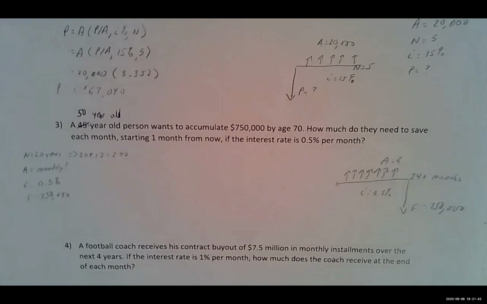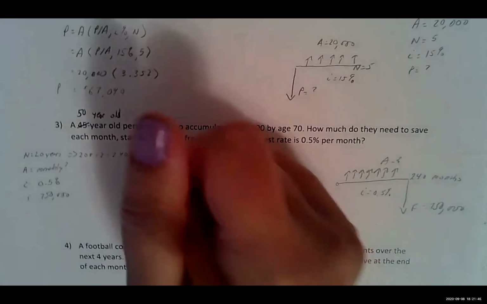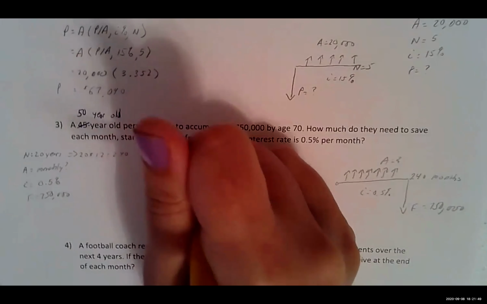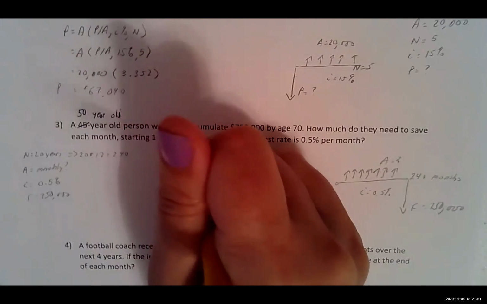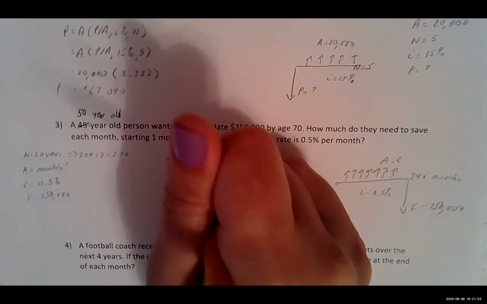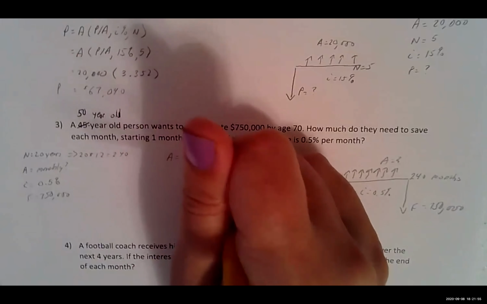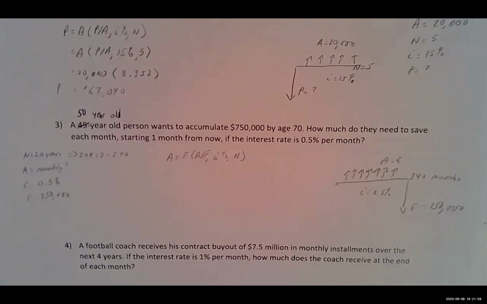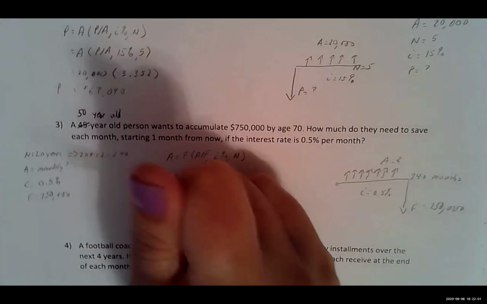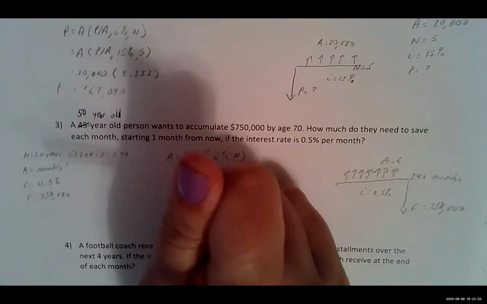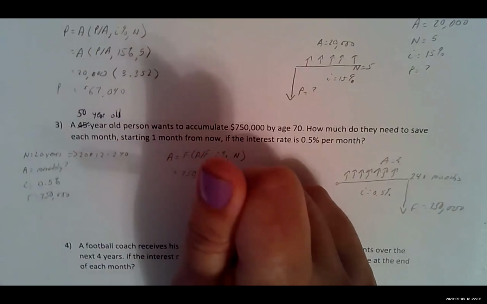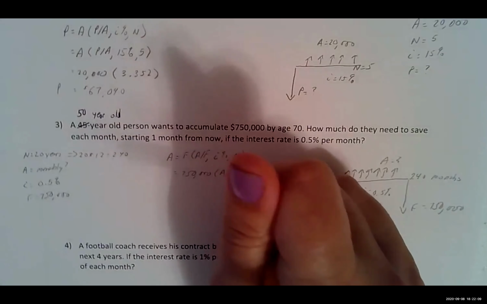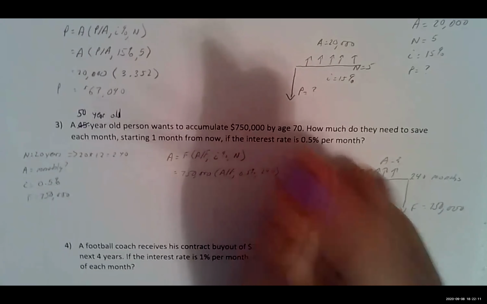What formula do I use? I'm going to use a generic formula that the annuity is equal to that future value multiplied by the A given F factor, as a factor of interest and time. In this problem, that translates to $750,000 times A given F factor at 0.5% interest over 240 months.